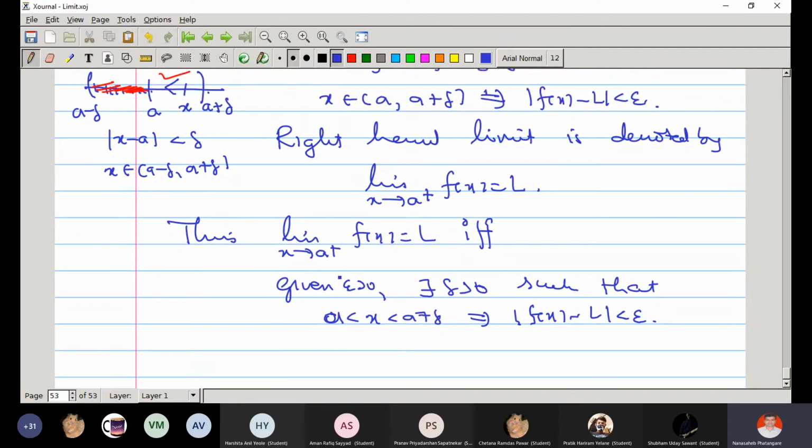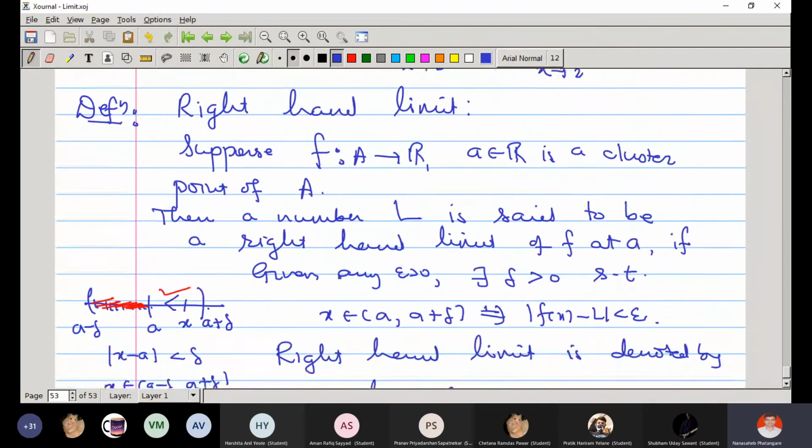In this way we can define the right hand limit.